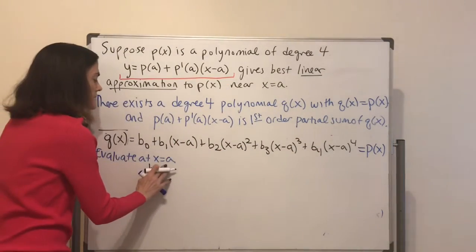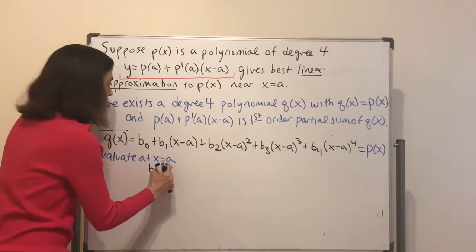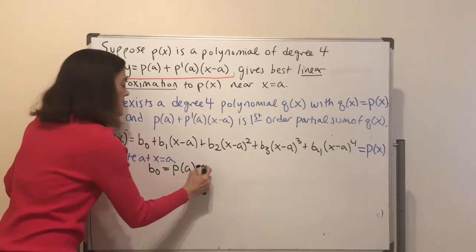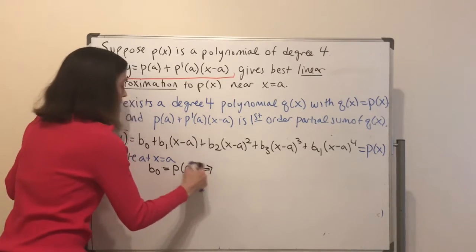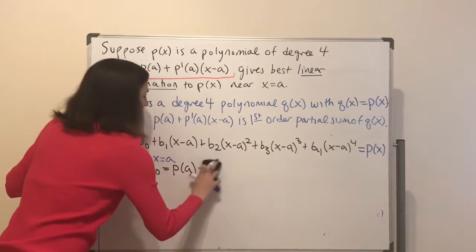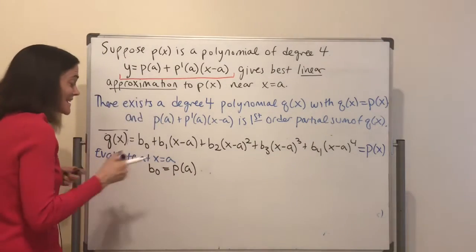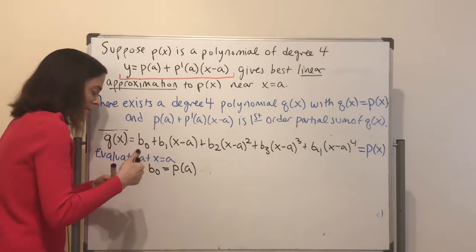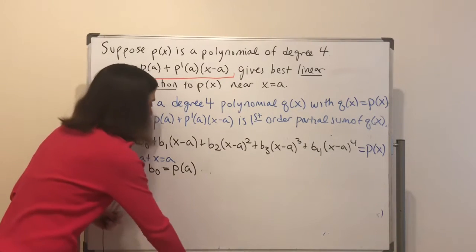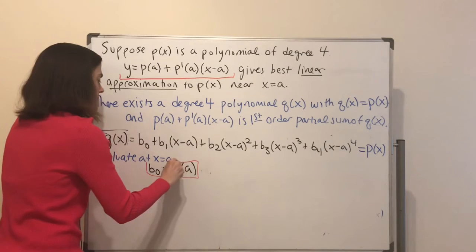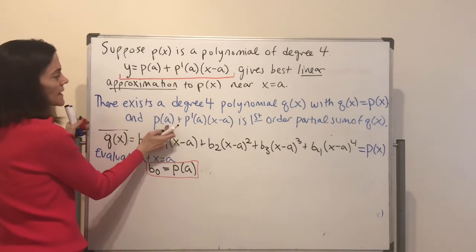So we get b0 plus 0 is equal to p of a. Immediately we've solved that this constant piece, b0, is p of a. Maybe I will put red boxes around the coefficients as I solve for them. And you see that here.